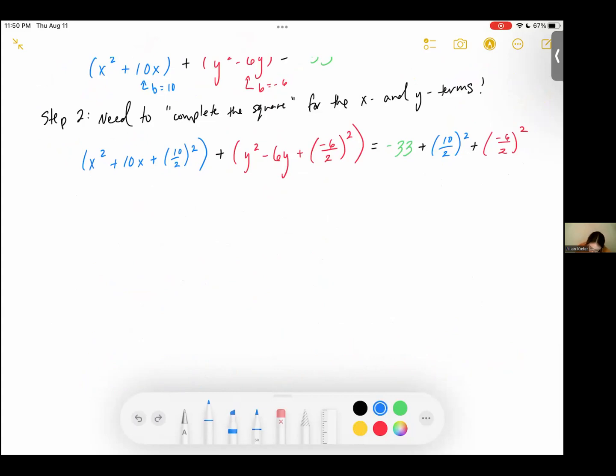So x squared plus 10x plus 10 divided by 2 squared is going to simplify without doing any heavy lifting. We know this is going to simplify to x plus b over 2, all of that squared.